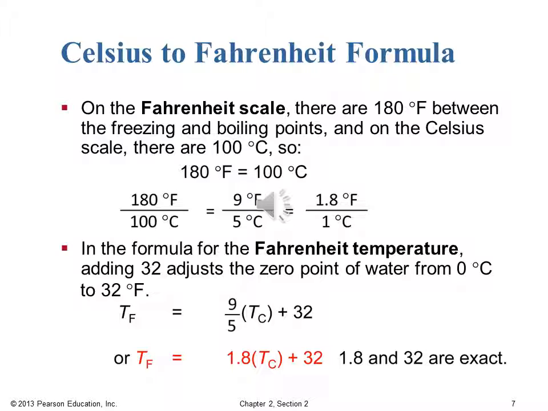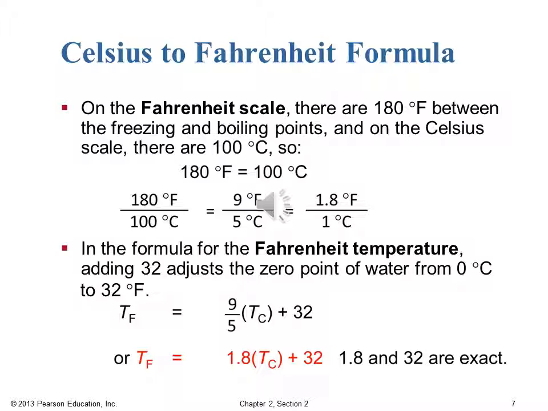So here's a formula to convert between Celsius and Fahrenheit temperature scales. On the Fahrenheit scale, since there's a 180 degree Fahrenheit difference between freezing and boiling points of water, whereas on the Celsius scale there's only a 100 degree difference, that's going to give rise to a different value, right? It's about 1.8 degrees Fahrenheit for every 1 degree Celsius.